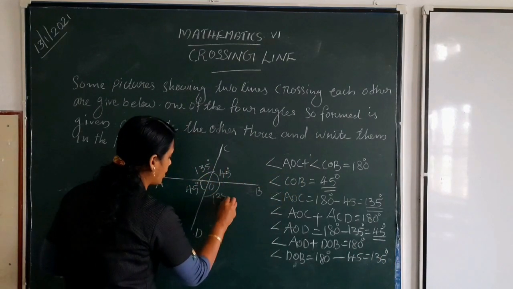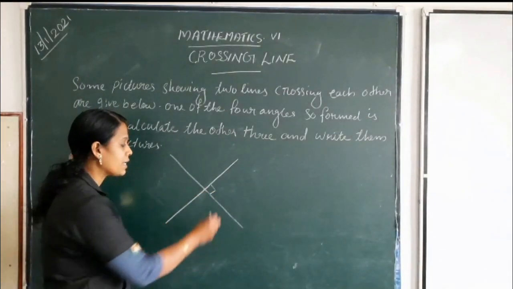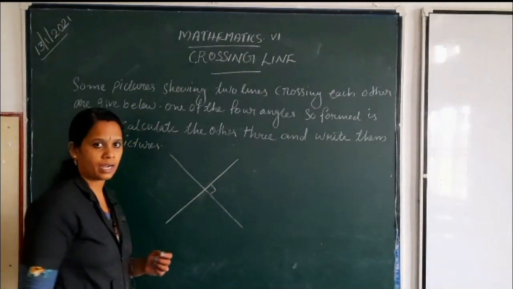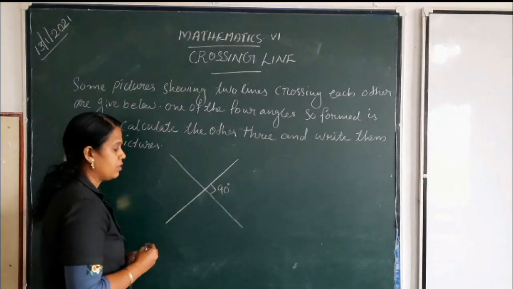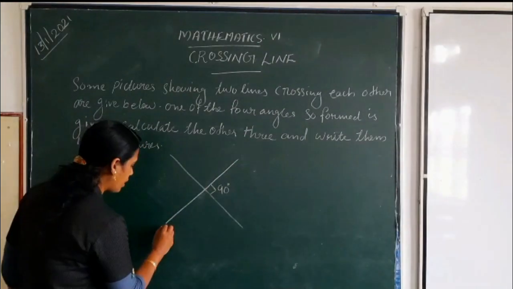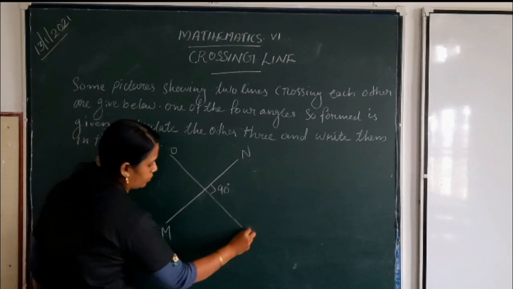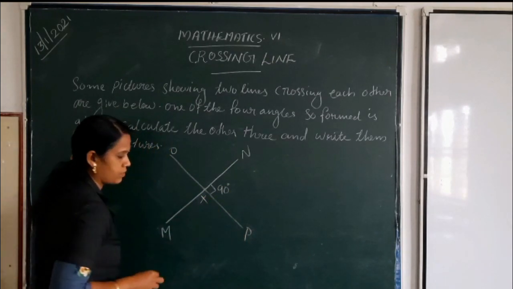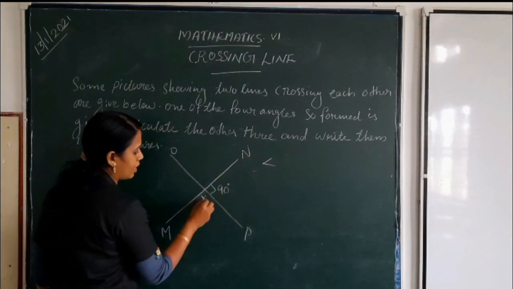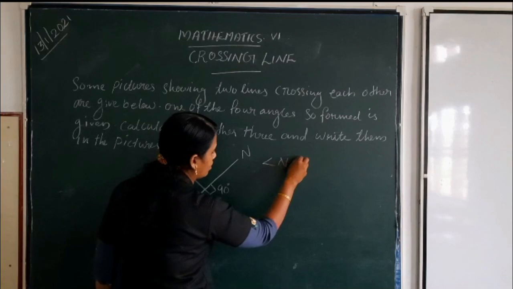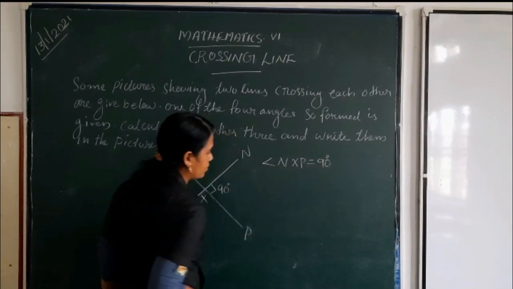So here 135 degree. This symbol is 90 degree angle, means right angle. So here name MNOP, here X. So here angle NXP is equal to 90 degree.